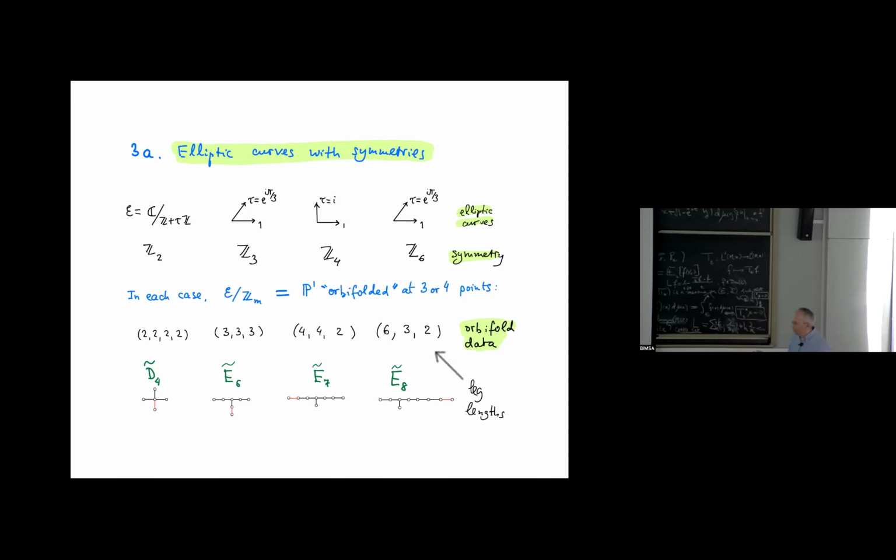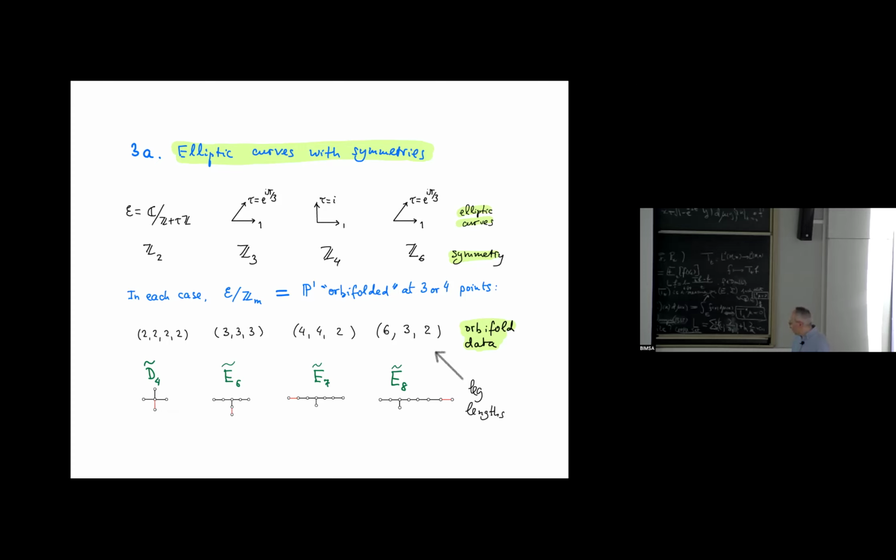So let's just do this for the elliptic curve. You take quotient of E by a group of roots of unity. In each case, what you get is just a projective line. There will be just one basic elliptic function which is invariant under this group, and all others will be just rational functions of that one.